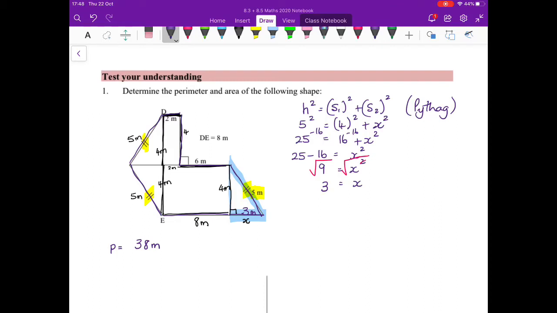Right, let's have a look at how we are going to calculate the area. So for the area, I do forward planning. I'm going to find the area of this triangle. I am going to find the area of this rectangle.